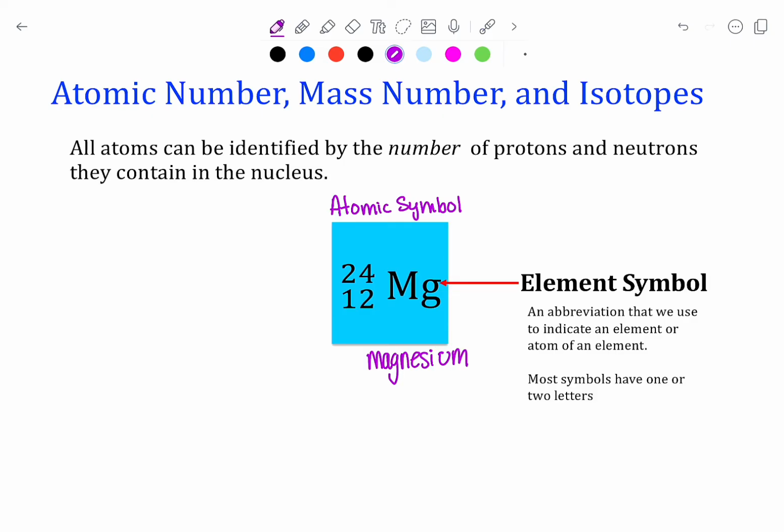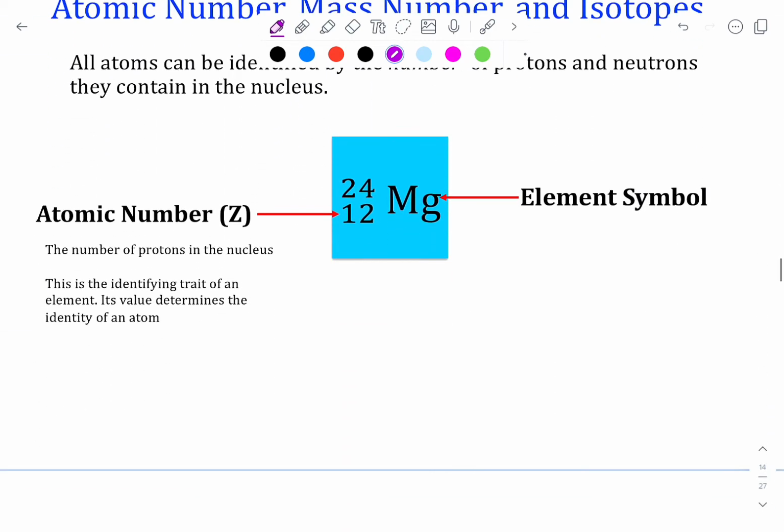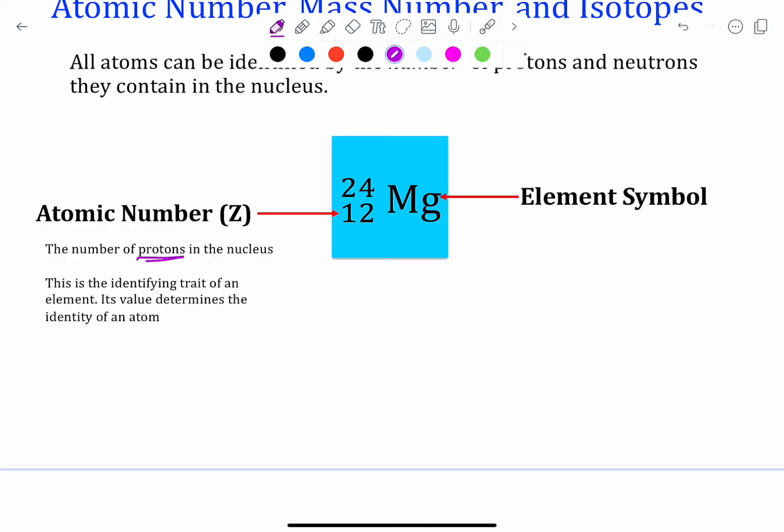Okay, so after the element symbol, we have the atomic number, which we denote by the letter Z. The atomic number tells us just the number of protons in the nucleus, so protons only.